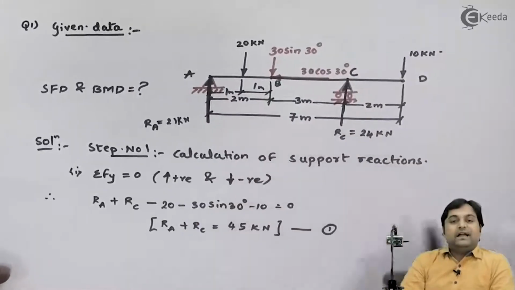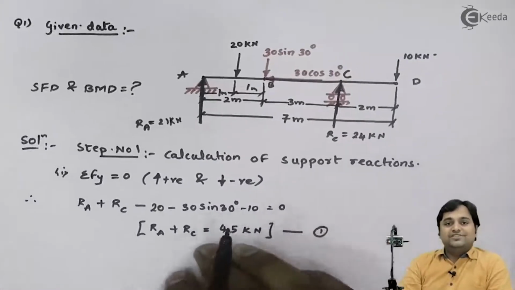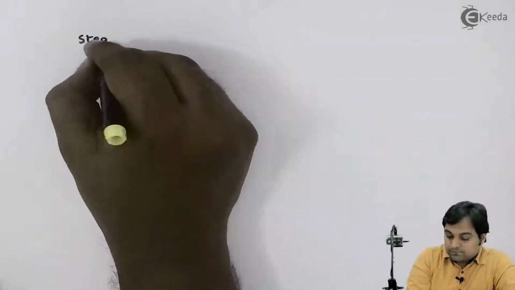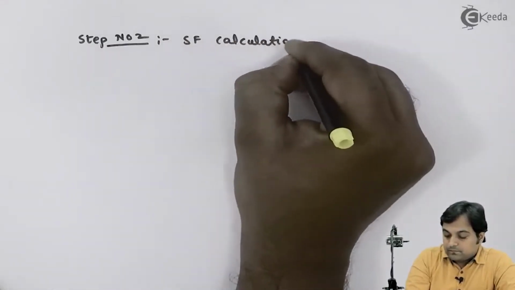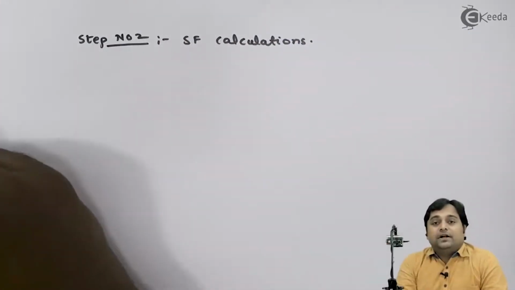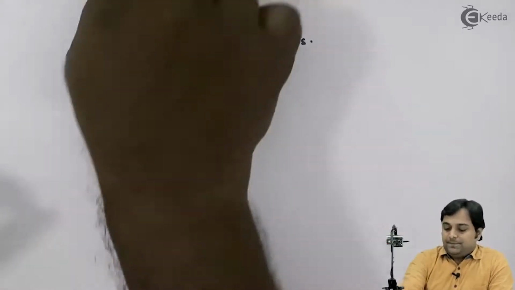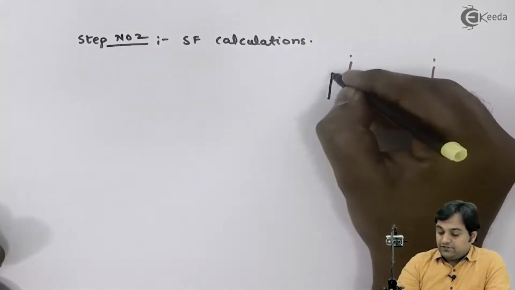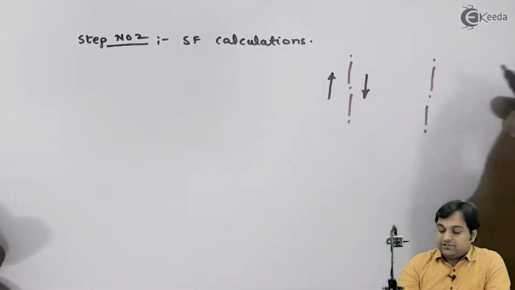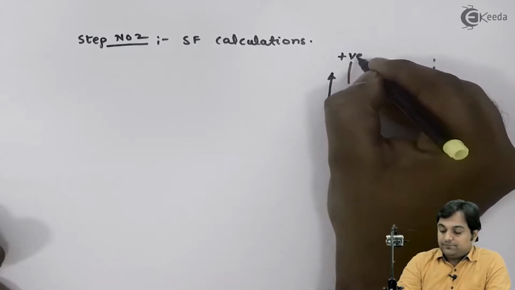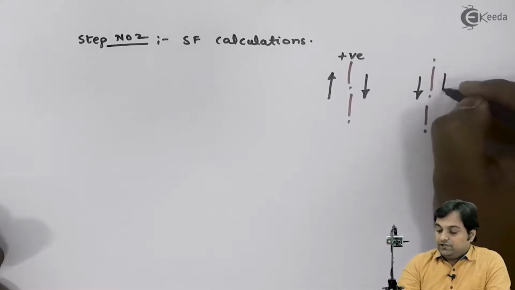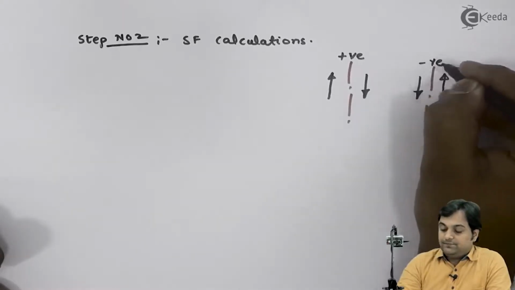Now after finding the reactions, we can go for the SF calculations. So my step number 2 is shear force calculation. Before doing the calculation part, first write the sign convention. Upward force to left of section, downward force to right of section, both are positive. Downward force to the left of section and upward force to the right of section, both are negative.